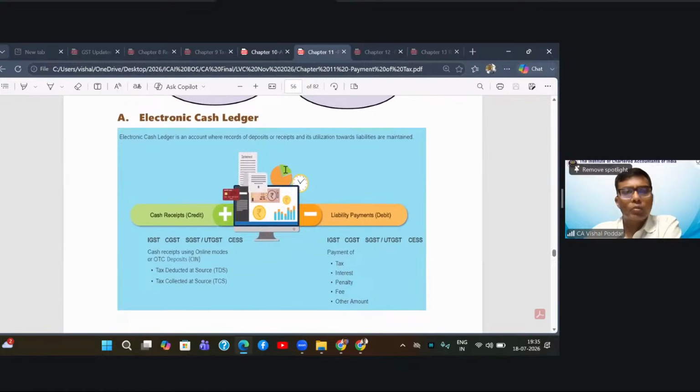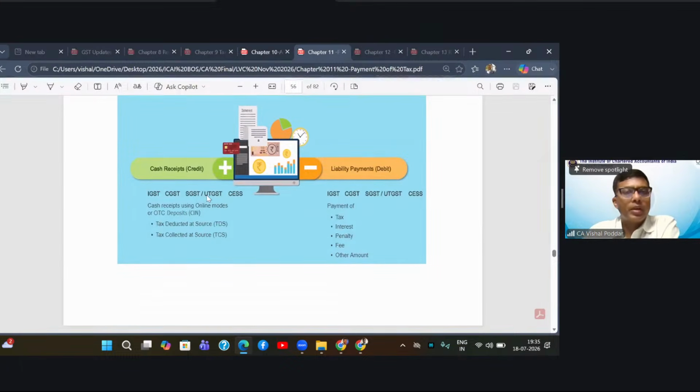So we first come to the cash ledger. Cash ledger is simply your bank account with the government. Whatever liability you have to pay to the government, you can discharge using the cash ledger. Now, in the cash ledger, how will the money be deposited?